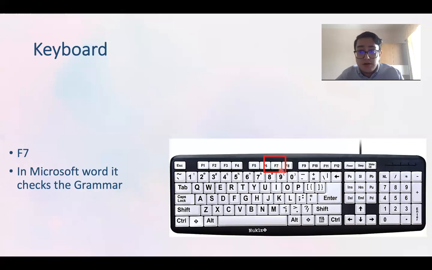In future classes, in this class, or any other class, if you need to send some homework where you have to write a few sentences, by pressing F7, you can check the grammar. Even now, if you have homework like to write some paragraph maybe.